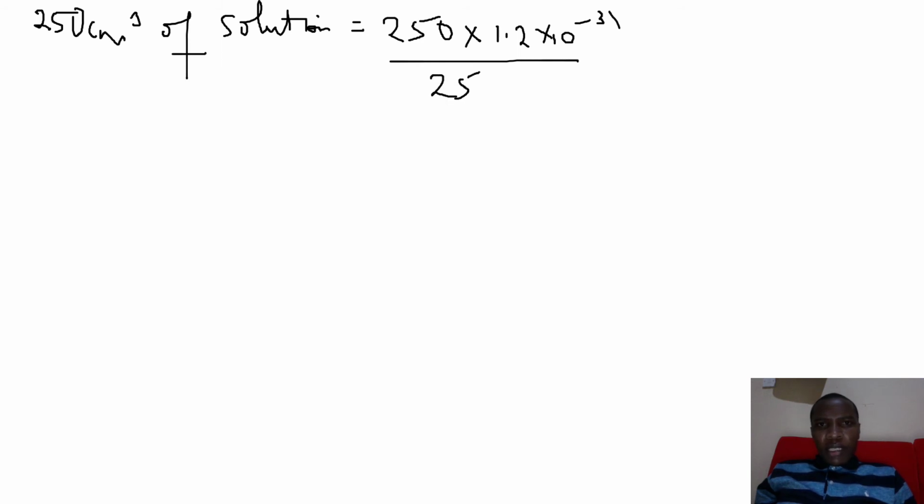In other words, it is just times 10 to the power negative 2. So it gives us 1.2 times 10 to the power negative 2 moles.